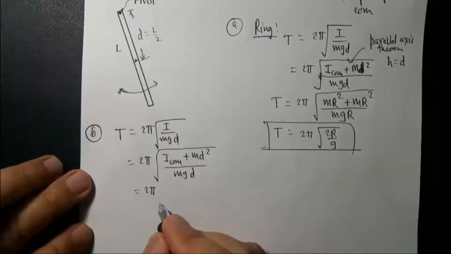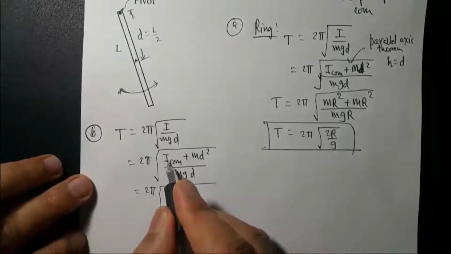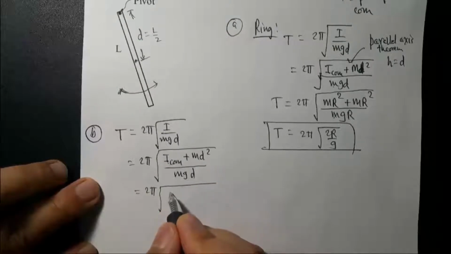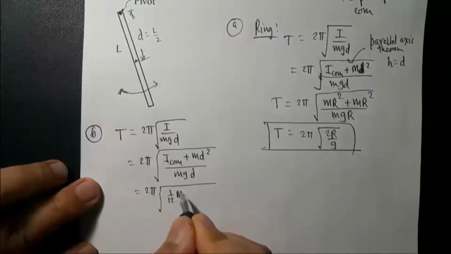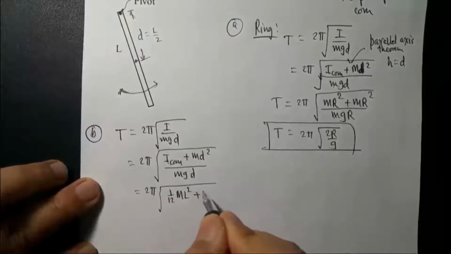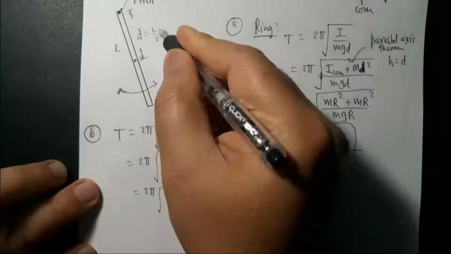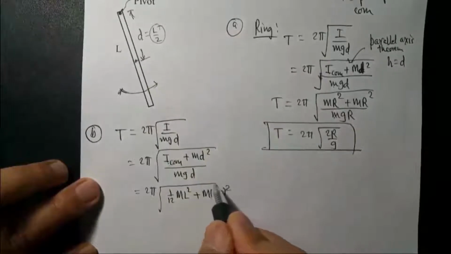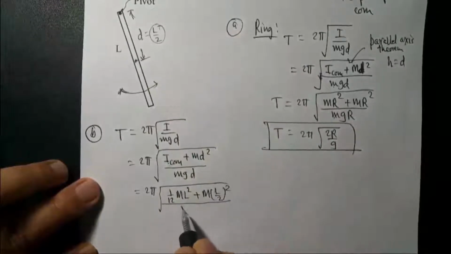The moment of inertia of the rod or stick about the center of mass is given on the formula sheet as 1/12 m L squared. And d in this case, like I said, is L over 2, squared, divided by m.